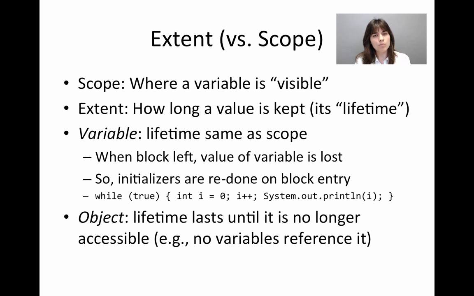If we look at objects, the lifetime of an object lasts until there is no reference variable on it. What do we mean by that? Think of the example, for instance, Customer c = new Customer().